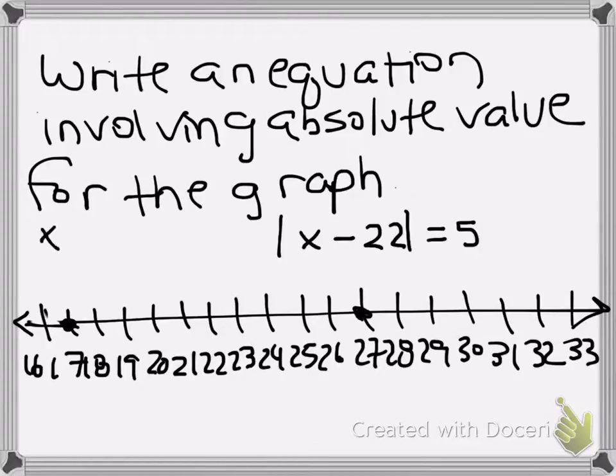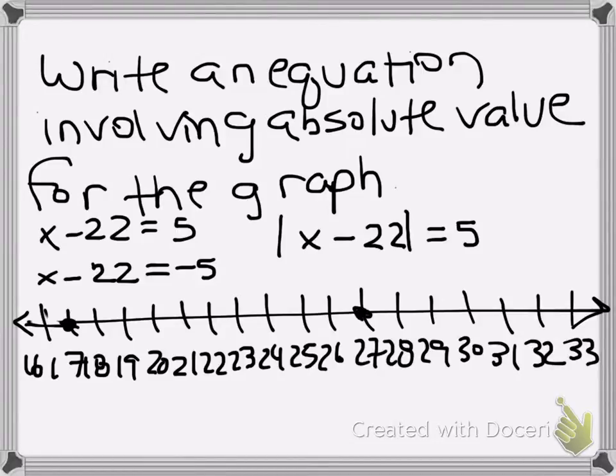Now, if I were to keep it like this and do absolute value solving, I would get x minus 22 equals 5, and x minus 22 equals negative 5. So when I add 22 to 5, I get 27.